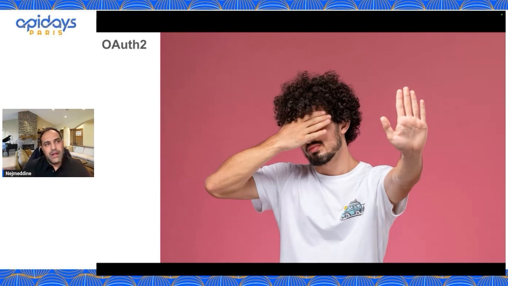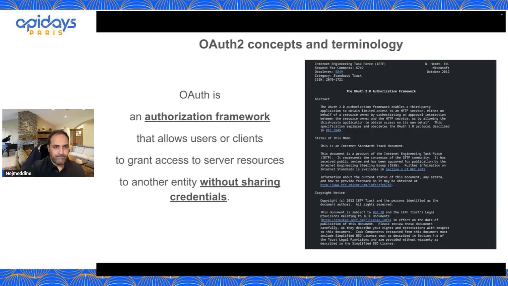But I realized afterwards that sometimes it can be difficult, especially when in front of me I have a person who is using APIs for the first time and trying to secure their APIs.